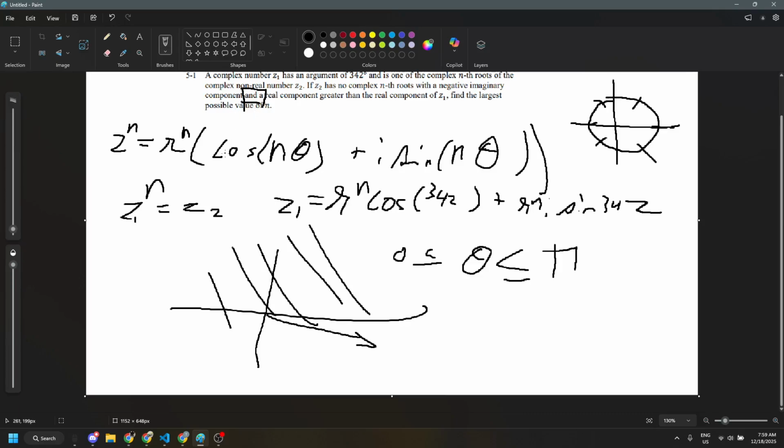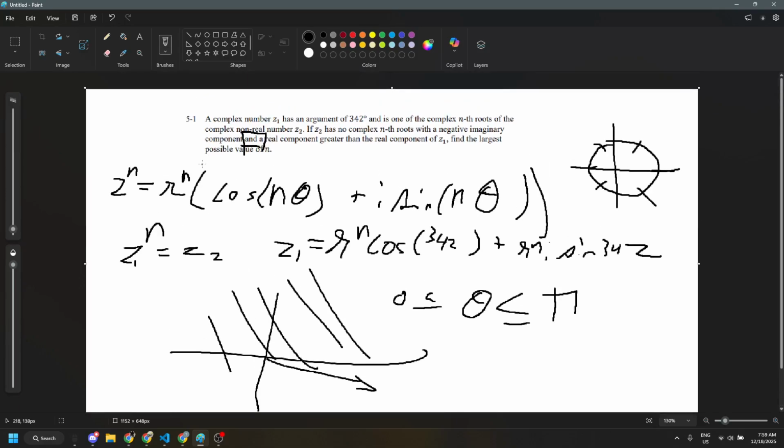Maybe it's a strict and, but it has to be both. So the real component of z1 is r to the n cosine of 342.